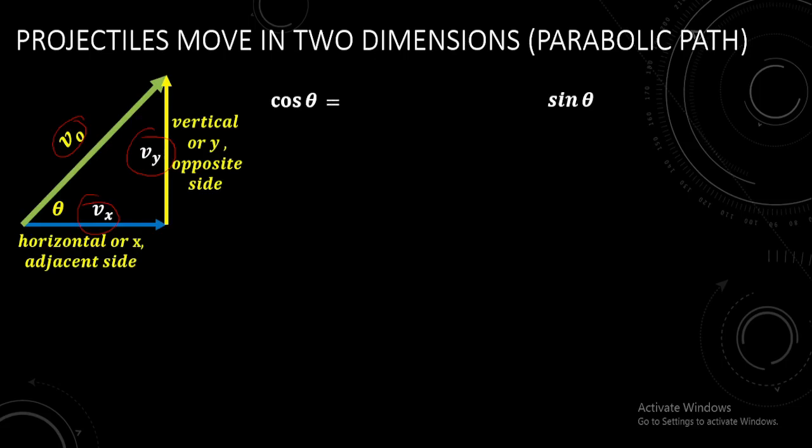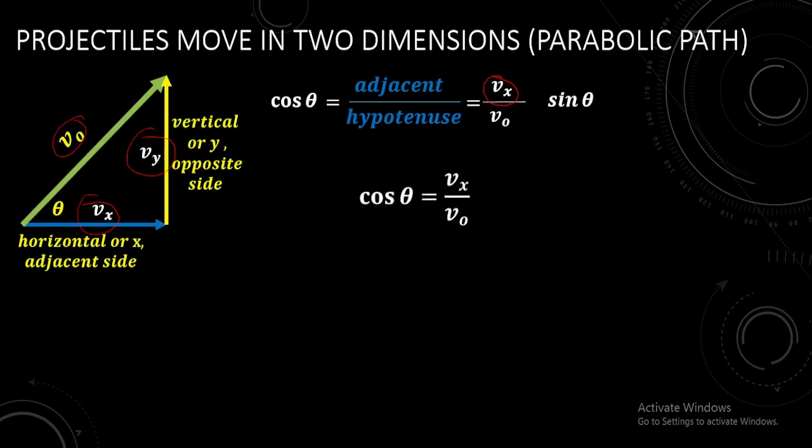This is equivalent to the horizontal, or x component, or the adjacent side, which is v sub x, over the hypotenuse, which is v sub o. So all the velocity along the x-axis all over v sub o. You're going to make the formula or relationship: cosine theta is equivalent to v sub x all over v sub o.